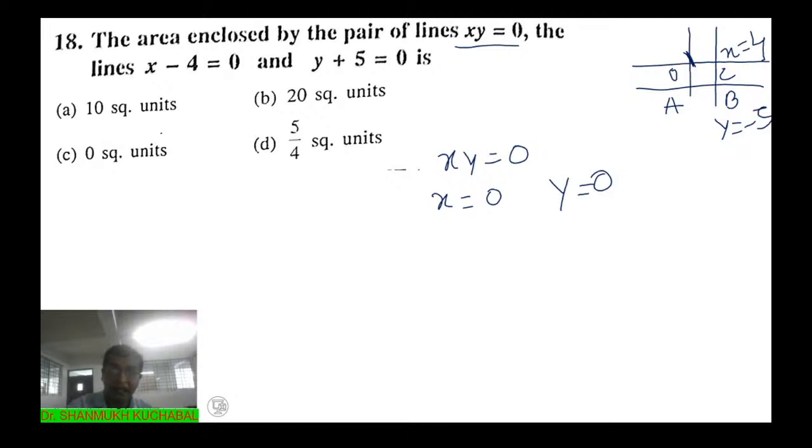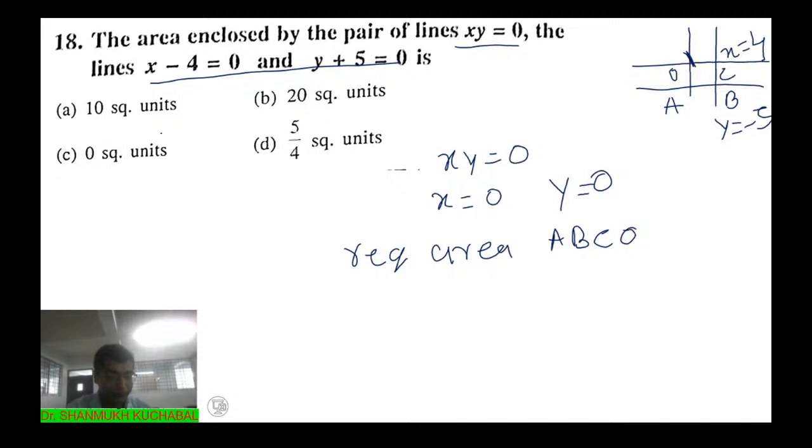Now we'll write the required area enclosed by these lines. So the required area of ABCO is given by ABCO. It is a rectangle in shape. Length into breadth, that is OA multiplied by OC.